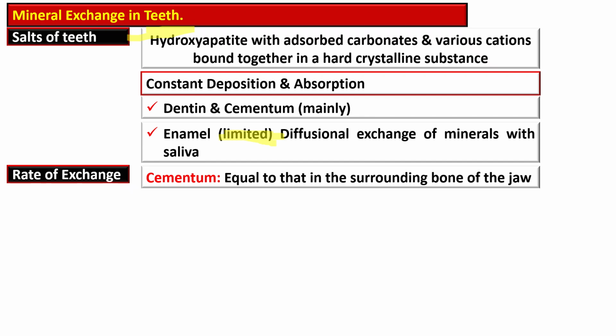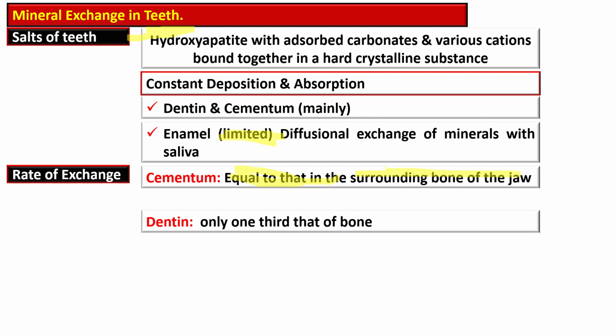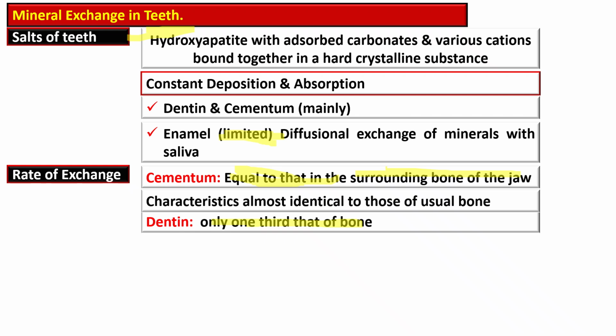The exchange rate is equal to that in the surrounding bone of the jaw, and in dentin only one third of the exchange occurs as compared to the bone, and this cementum is almost identical in characteristics to the usual bone.